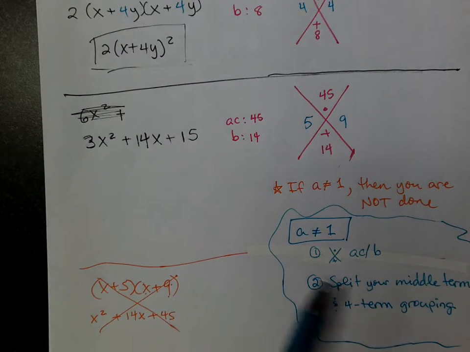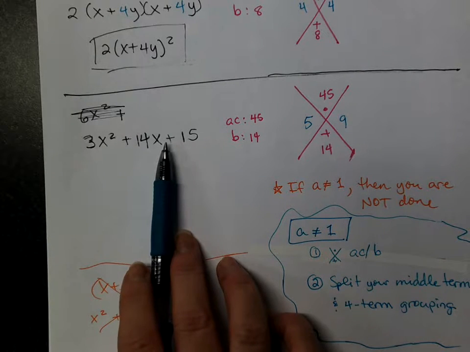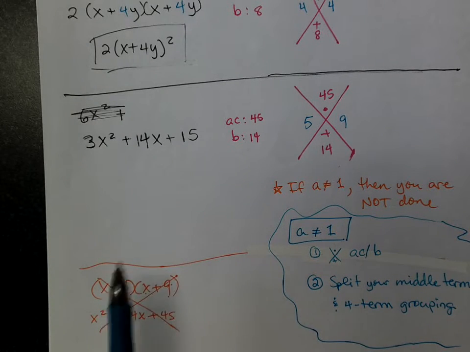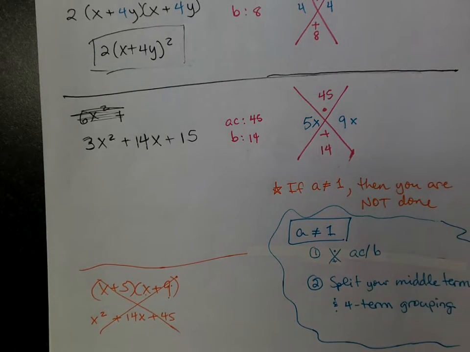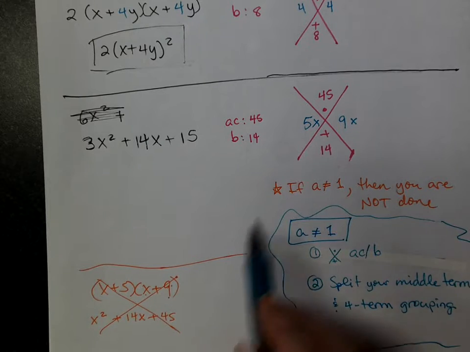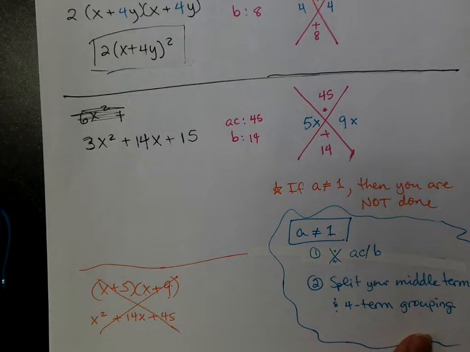So look at your middle term. What is the variable of this middle term? X. So put an X here. Because we're not just using 5 and 9, we see that doesn't work. Now when you plug it in, it's gonna work. Well, not yet. We have to split and group.